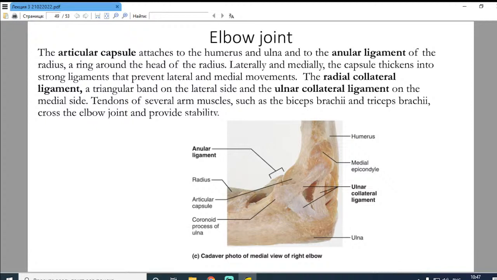What you see, the annular ligament of the radius, a ring around the head of the radius.